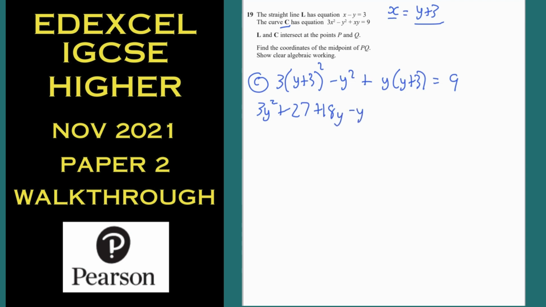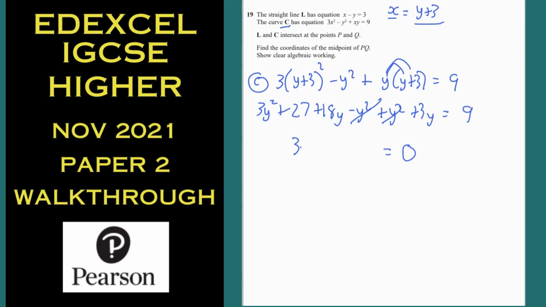Treble it. Nothing to do with the minus y squared, but this can now be expanded. Plus y squared. So that makes that bit simpler. And y times 3. Let's get it all equal to 0. So simplify the left whilst subtracting 9 from both sides.